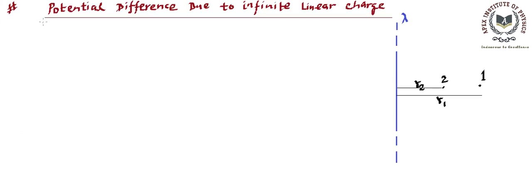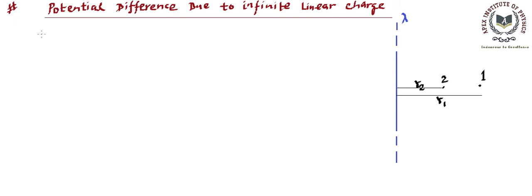So here's an example of the relation between E and V, and this is more than an example. It's going to be a formula, and that talks about potential difference due to an infinite linear charge. So let's say this is an infinite linear charge with uniform density lambda, and there are 2 points, 1 and 2, at distances r1 and r2 respectively from this linear charge as shown in the figure.